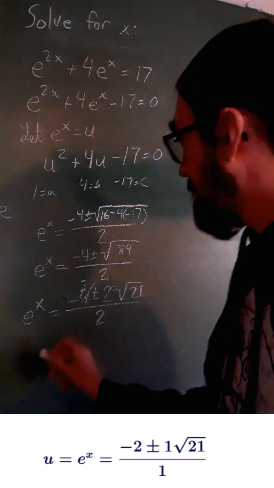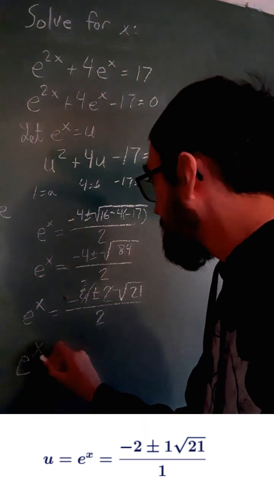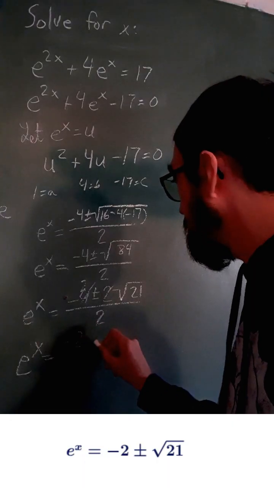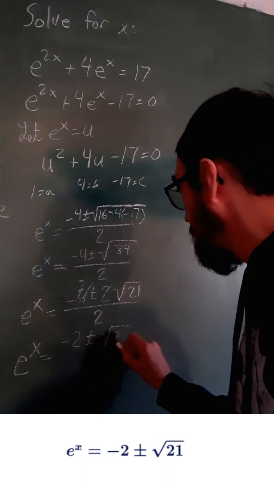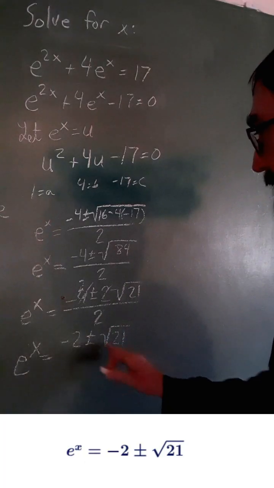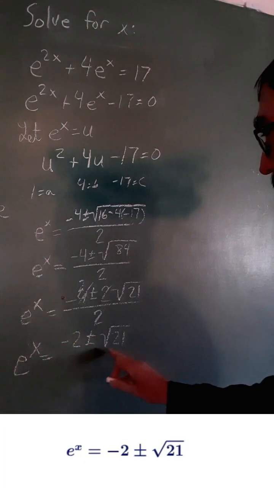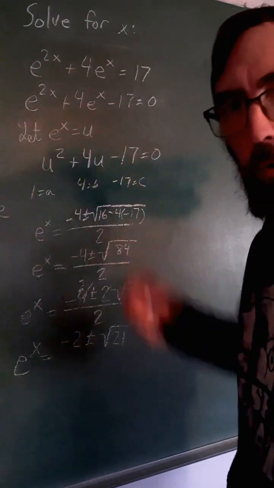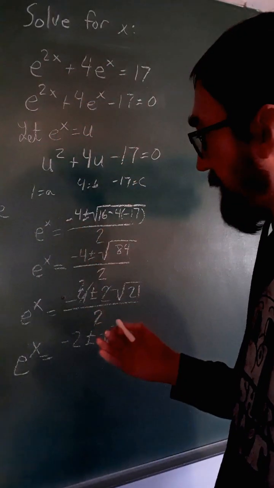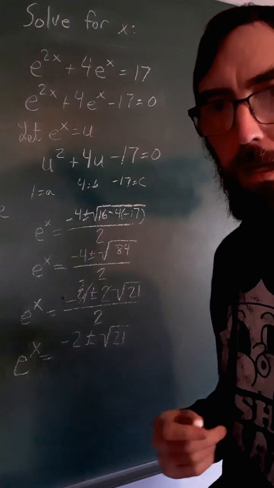So this leaves me e to the x is equal to negative 2 plus or minus the square root of 21. If we separate this out into two separate terms, which I'll do up here for more room, we'll see how to finalize solving for x.